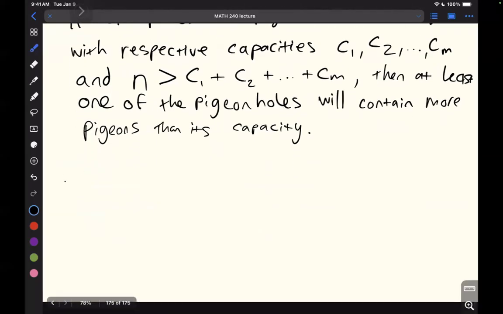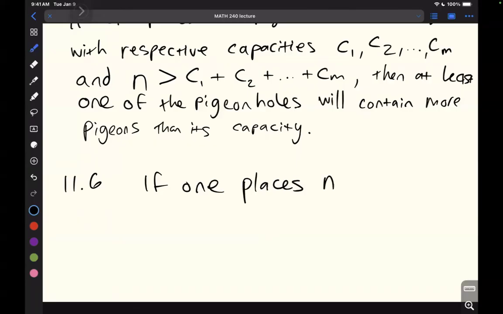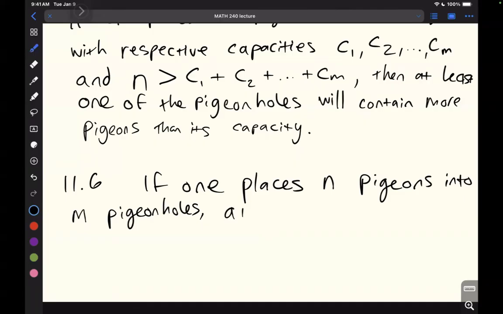All right. So from here, we get the principle 11.6, which is if one places n pigeons into m pigeonholes, then how many pigeons are going to be in at least one of the pigeonholes?